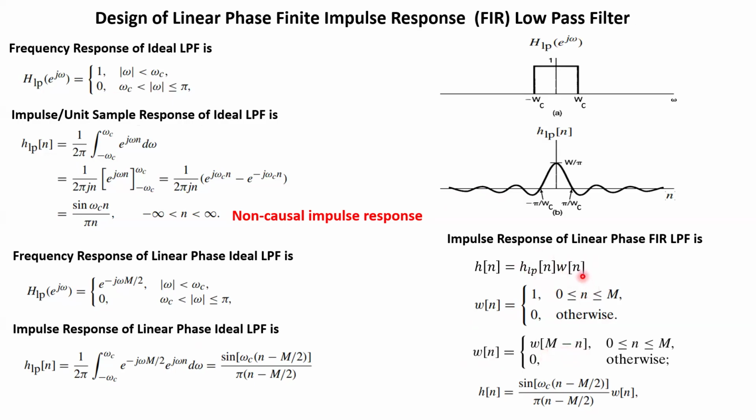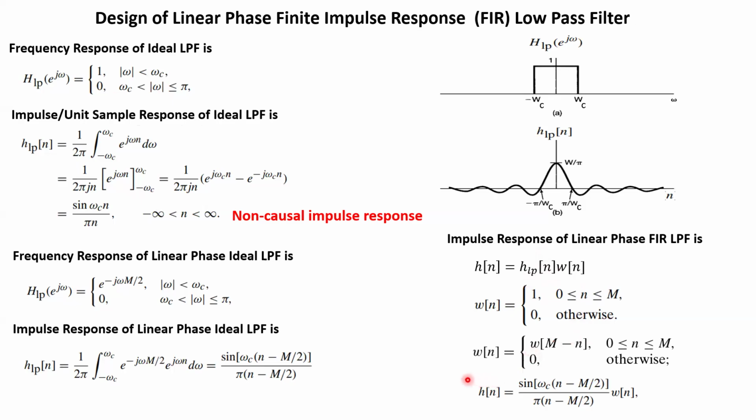So it will be a symmetrical window, right? You remember we are generating a symmetrical window, and that symmetrical window will be symmetrical around the n equals M by 2 point, okay? And then it is going to be multiplied with this impulse response.